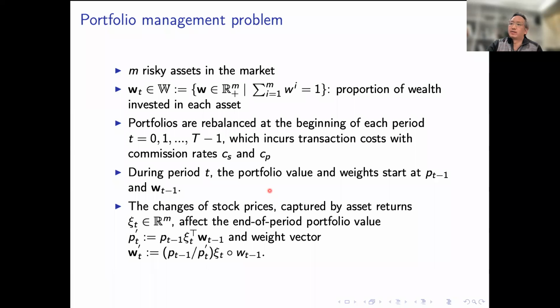Starting at every time period T, we denote the portfolio value and weight as P_{T-1} and W_{T-1}. A simple calculation shows that the end of period portfolio value, which is the value after the change of the stock price, can be calculated by the initial value multiplied by the rate of return, and that gives the new portfolio value.